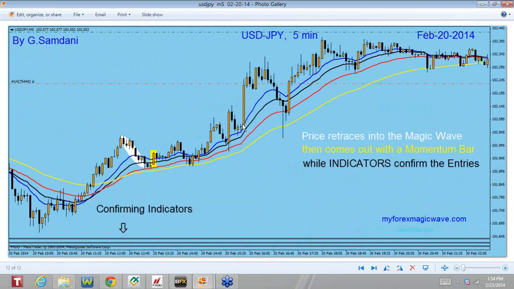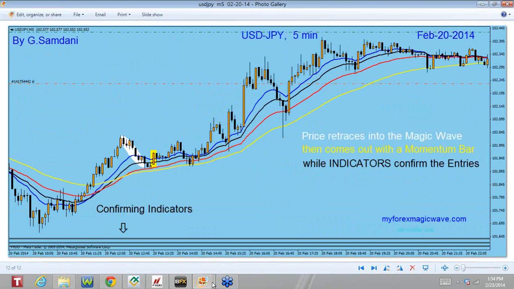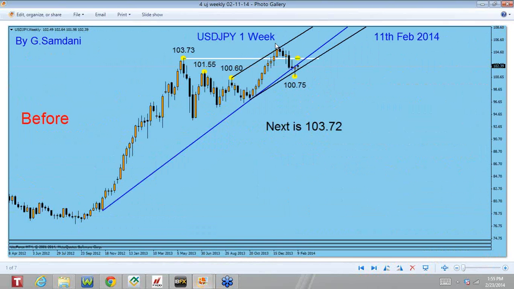Again, this one USD yen. On USD yen also, I had a weekly chart saying that we will be going up, and the next target would be 103.72, which we never got to.